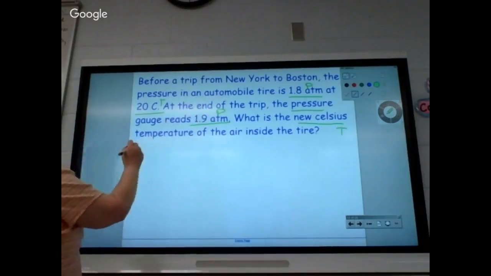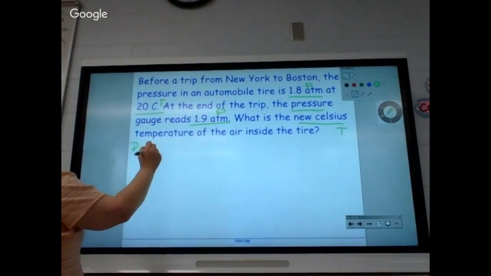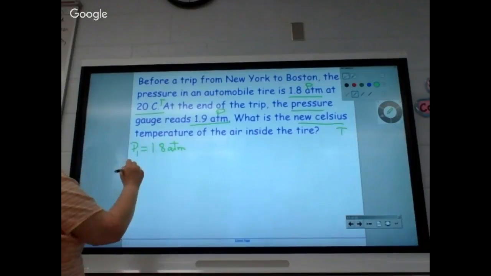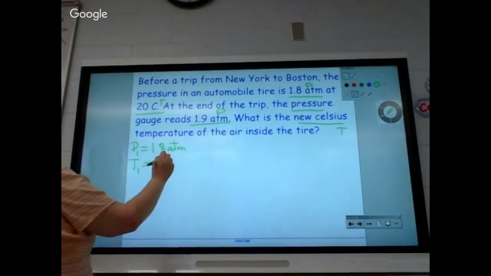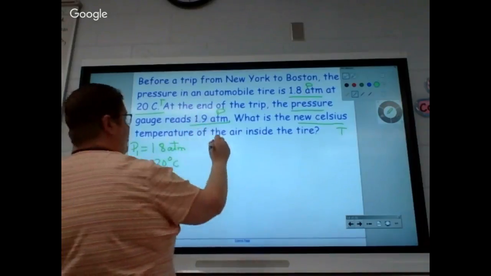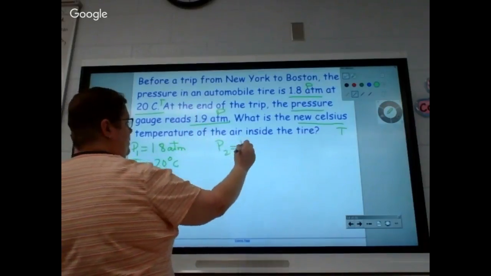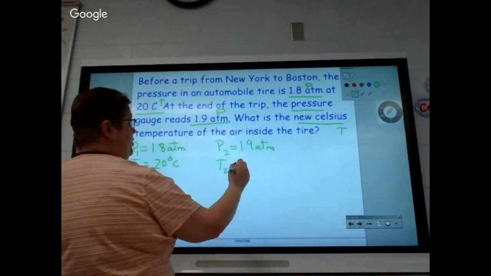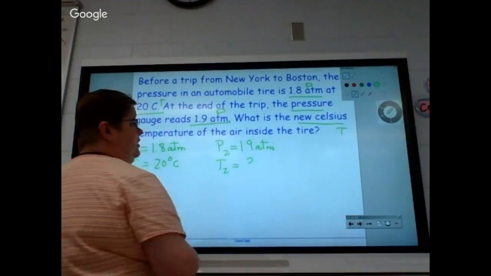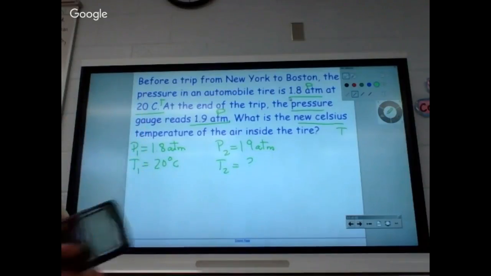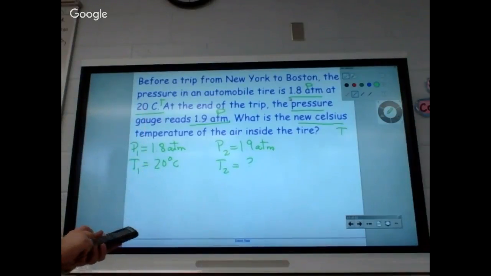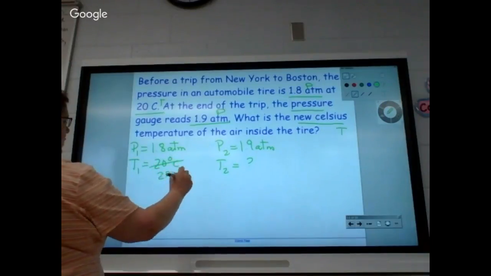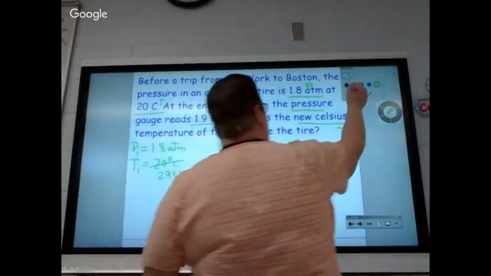P1 is 1.8 atmospheres, T1 is 20, and we're solving for T2. So we got to change our temperature, which is 20, to 293.